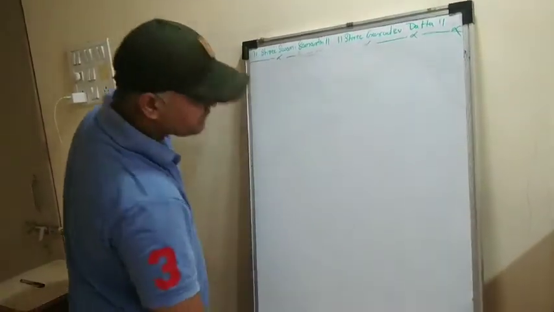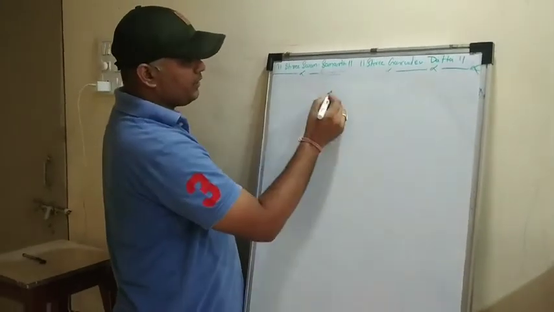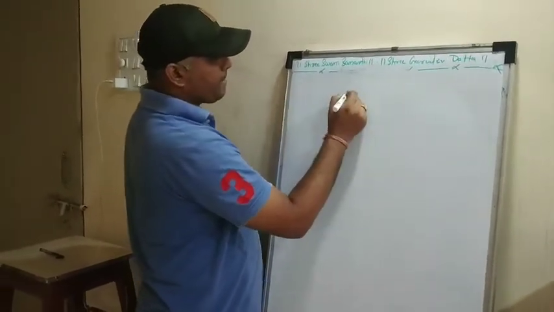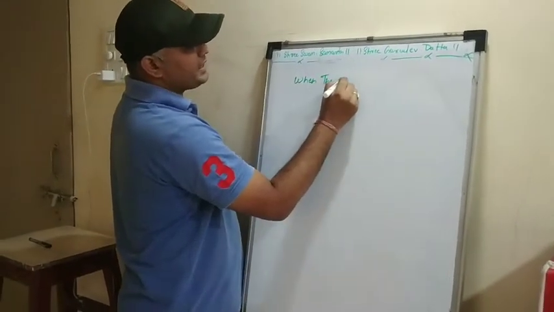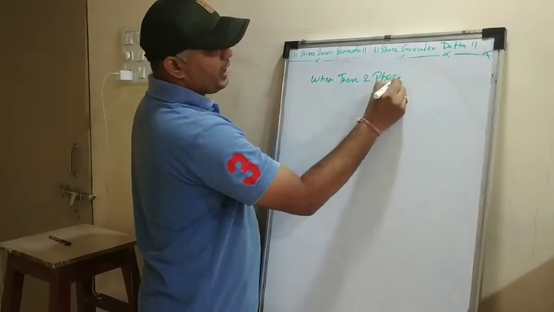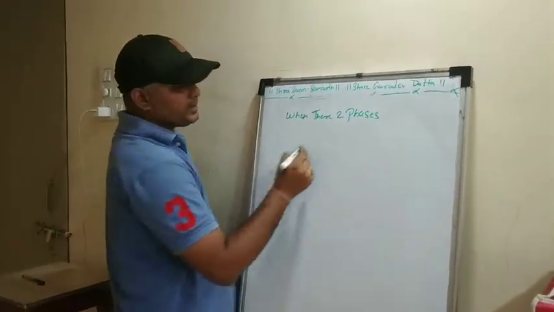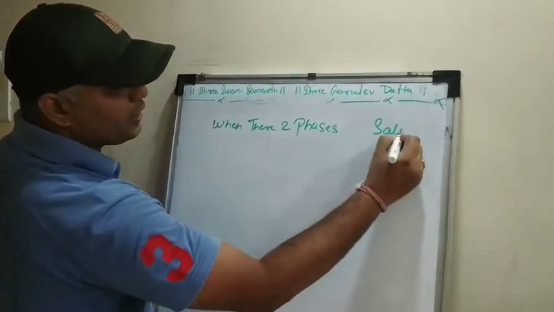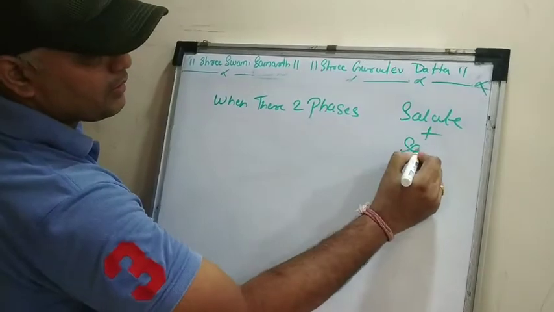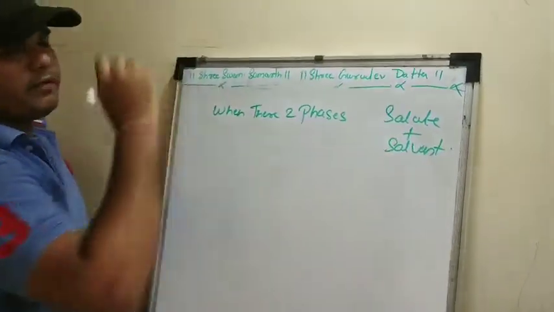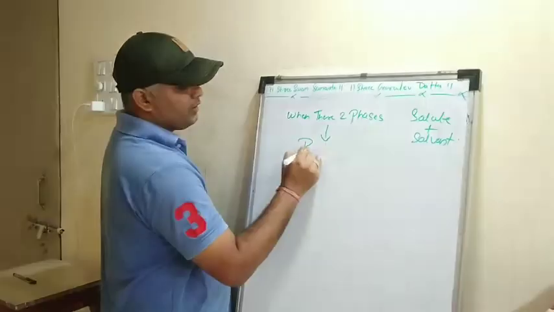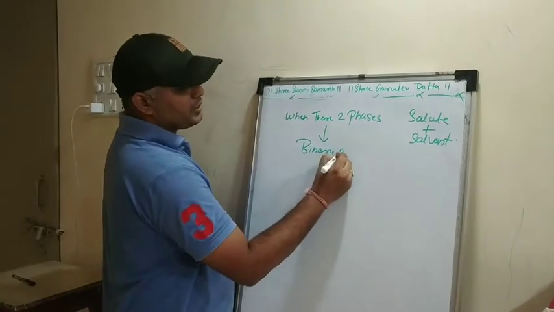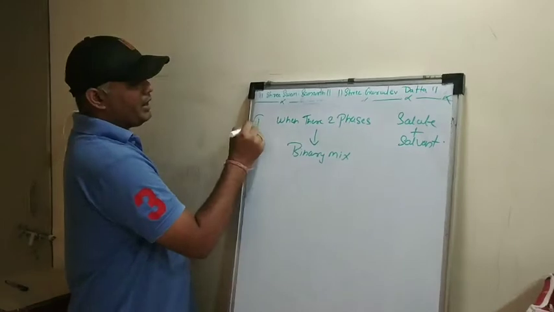Now in this case, you can see that when two phases are present, two phases means solute plus solvent, we say it is a binary mixture.